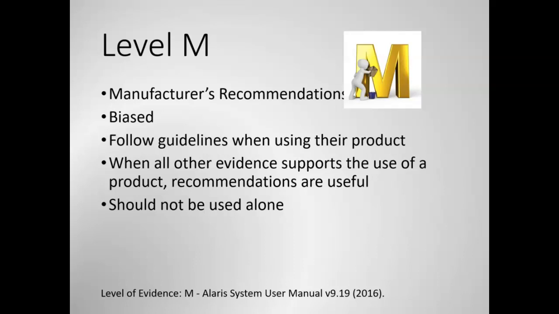It could be our IV catheters, whatever their organization thinks that we should do for a certain method, it's very biased based on their product. However, that does not mean it's not valuable, especially if you're doing research or presenting a change in a certain product. You might want to include the manufacturer's recommendations. So if you're going to use the manufacturer's recommendations, you don't use them by themselves. You could just use them as a supplement with higher levels of evidence.